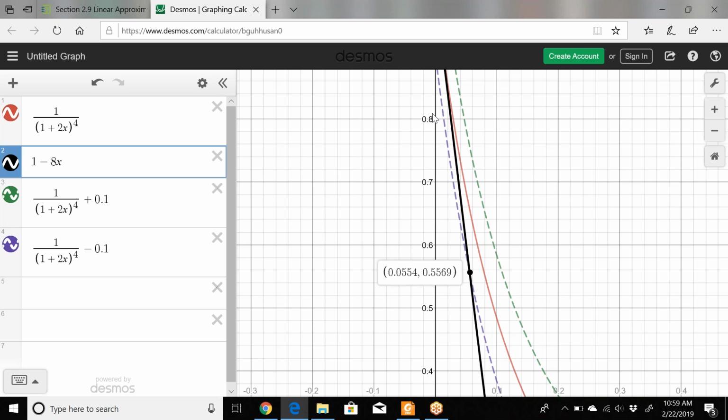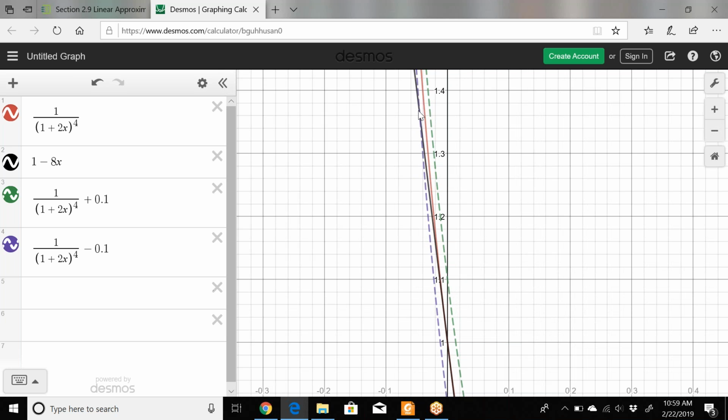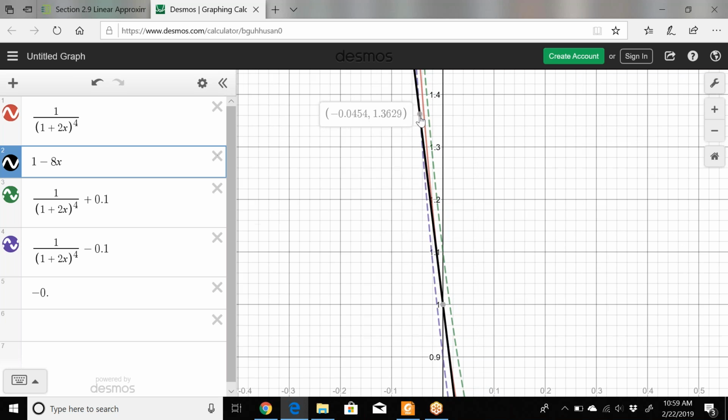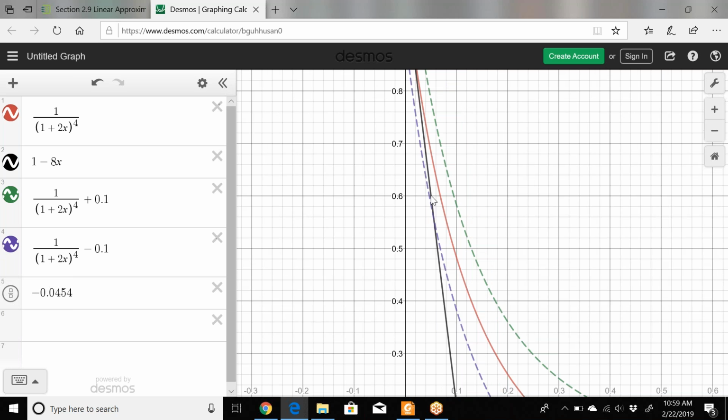So let's write these down so we can remember them: negative 0.0454, and the other one was 0.0554.